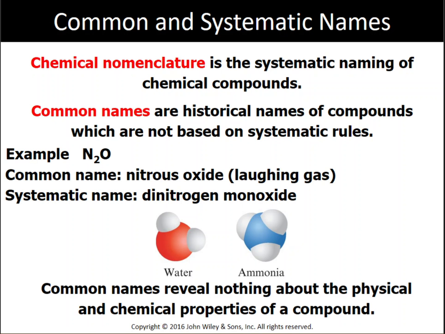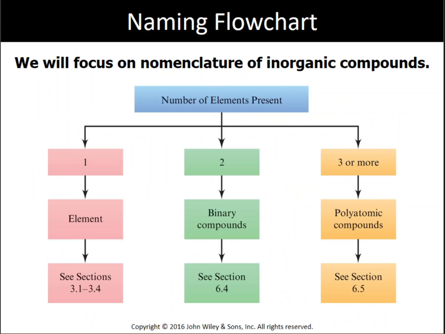But as you see, if we want to use common names for every single compound, it becomes very hard to memorize the names and the formulas for each compound. So what we are more interested in this class is finding a systematic way of naming. A systematic way of naming makes it easier, at least, to know what the formula of each compound is if the name is given to you. So naming can get a little confusing.